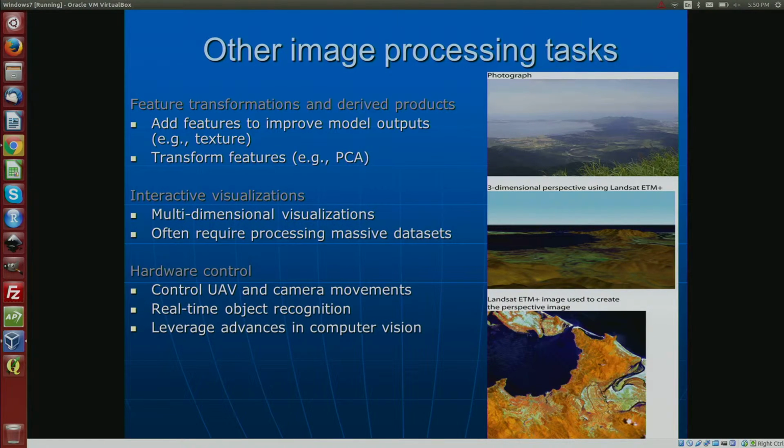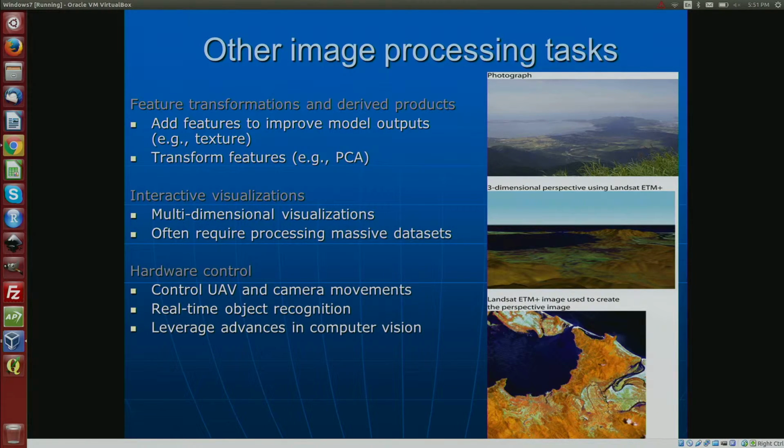This other category, the first one, is feature transformations and derived products. Texture, someone was talking about texture this morning. There are several texture metrics that we use. Texture often has a lot of information helping us better define and classify features.